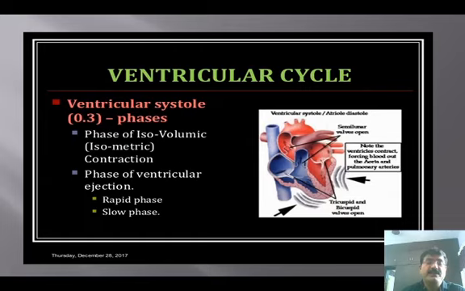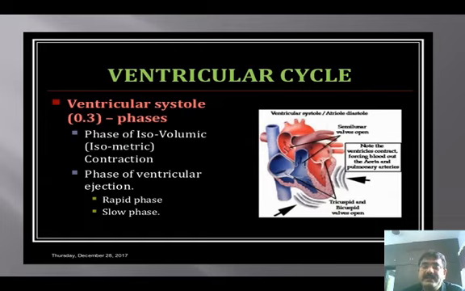The phase of ventricular ejection has a rapid phase and a slow phase. Rapid phase and slow phase, these are the two phases of ventricular ejection that occur in the ventricles. Okay, now in this case we have already understood how the blood is collected from the different parts of the body with the help of the superior vena cava, and the left auricle collects oxygenated blood from the lungs, and they open simultaneously into the respective ventricles.